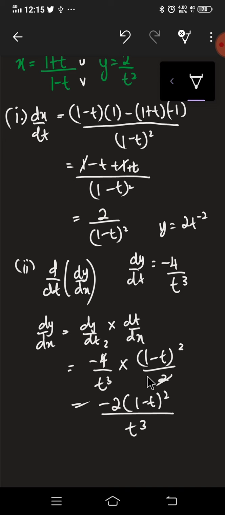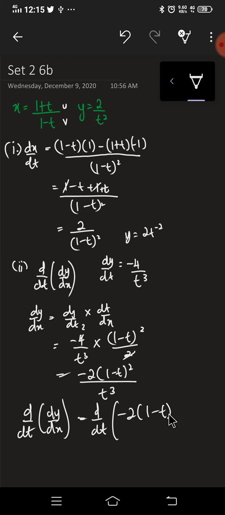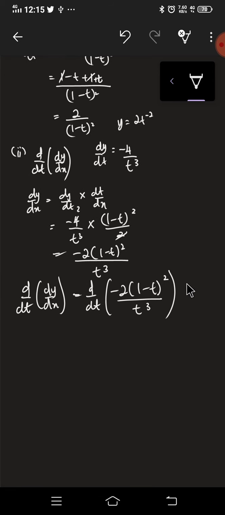But the question asks you to find the d/dt of dy/dx. So we have the dy/dx, and we need to differentiate it with respect to t. So differentiate with respect to t of the function negative 2 of (1 minus t) all squared divided by t cubed. This is in the form of a quotient, so we apply the quotient rule.